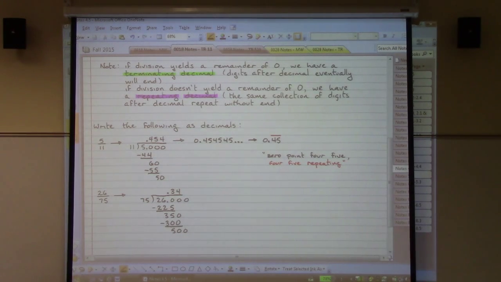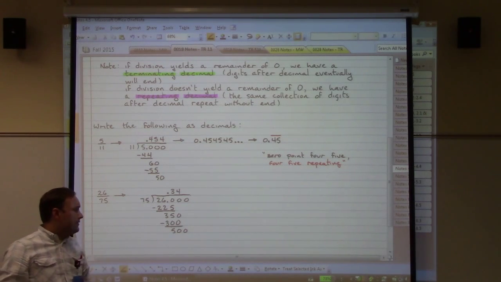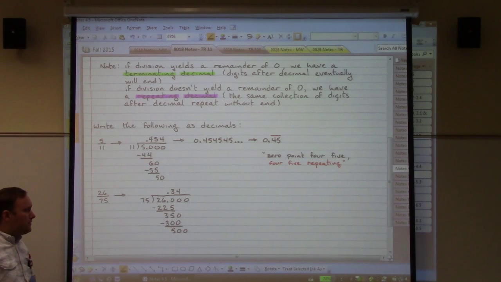Again, throw in an extra 0, try to keep on going here. 75 goes into 500. Well, 75 goes into 500 6 times. We get a remainder of 50.